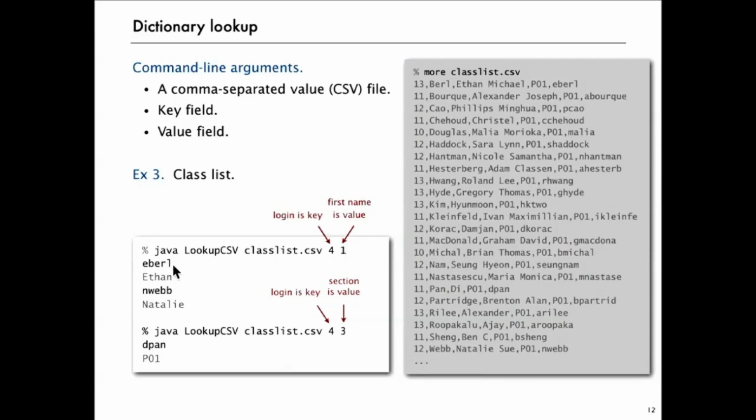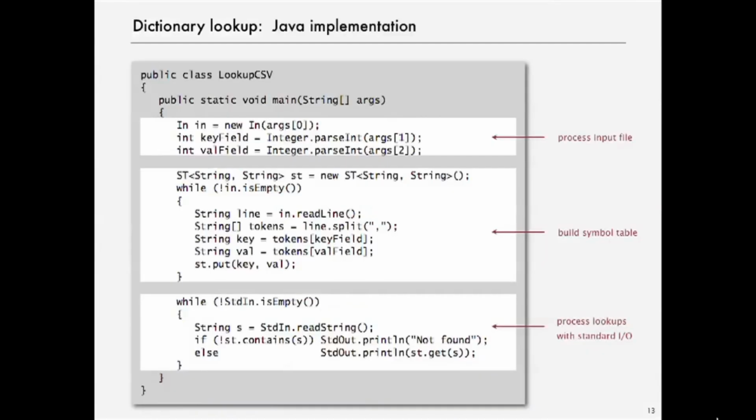So we type in somebody's login name, we get their first name. And again, with the same client, we can use login as key and get the section as a value. So all kinds of information processing that we might need to do for large amounts of data represented in comma-separated value files, this one client, which is based on a symbol table, will provide useful functionality.